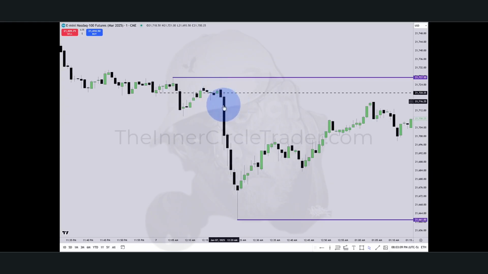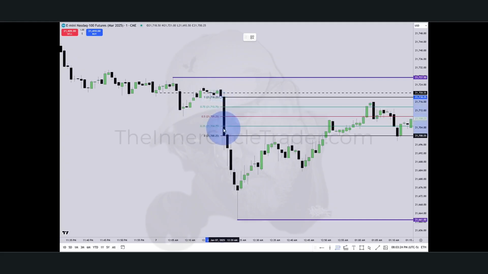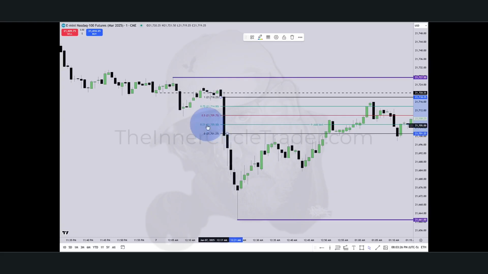So if you notice this level right here, this single candle right there, that is your first reference point where the largest degree of displacement takes place. Notice that?